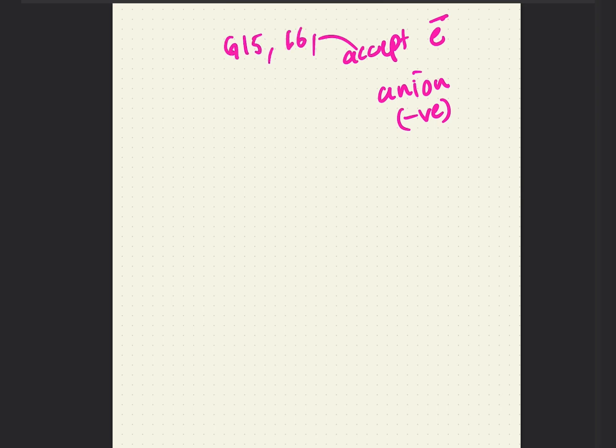So what if kalau we accept, if the atom accept ataupun receive electron, okay, so dia akan form an ion, negatively charged ion. So biasanya dia melibatkan group 15, 16 and also group 17, okay, yang melibatkan an ion lah, formation of an ion.